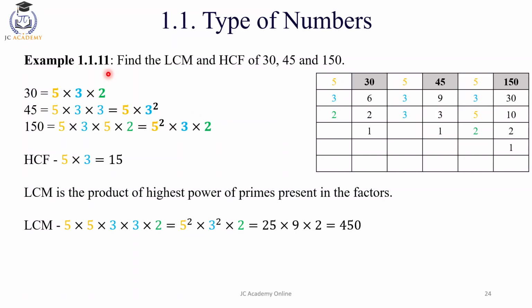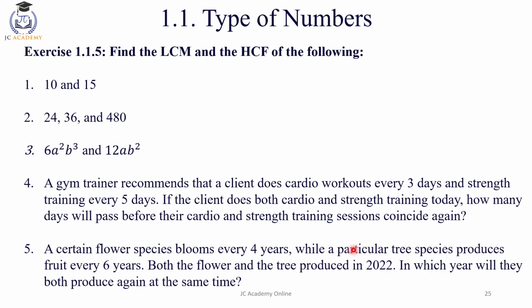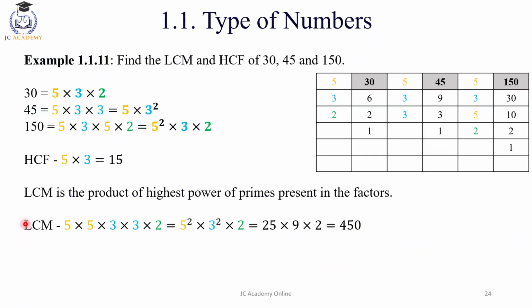And looking at all of these, we see the highest power for the final factor, 2, is just 1. So 2 to the power of 1. So we have 5 squared multiplied by 3 squared multiplied by 2, which is equal to 25 times 9 times 2, which is equal to 450. Therefore, the least common multiple of these three numbers is 450, and the highest common factor is 15.